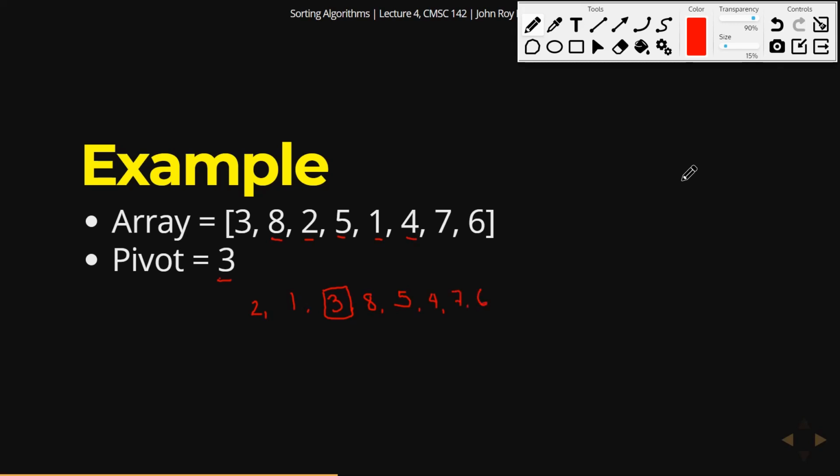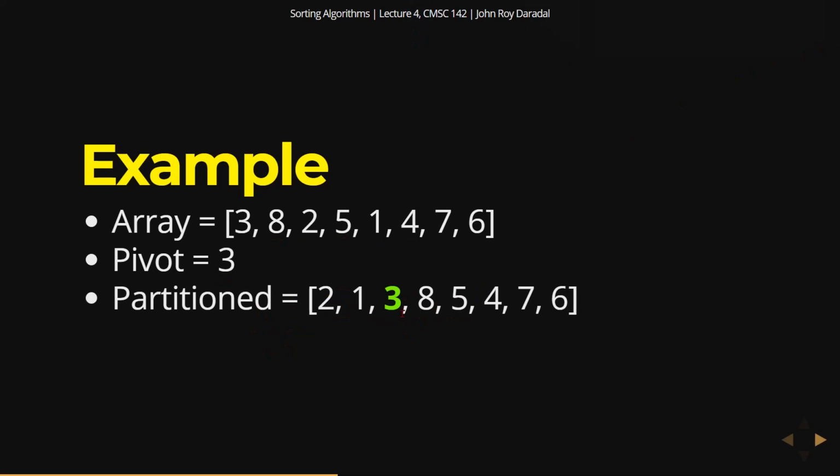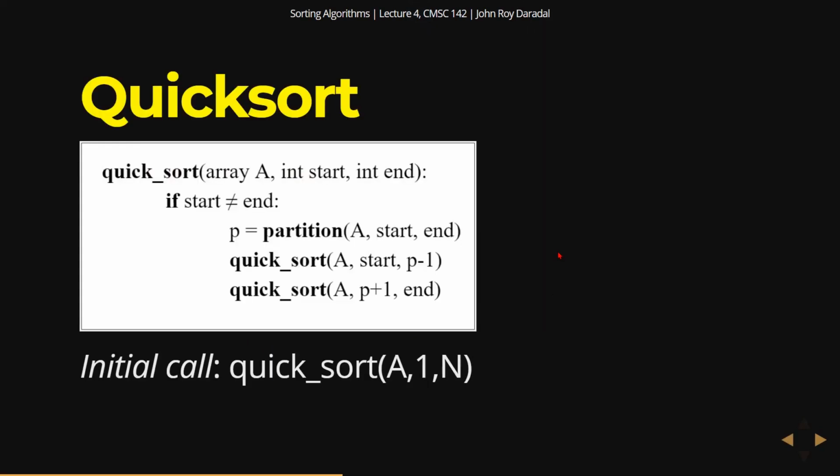Okay, so these ones are less than 3, and then these ones are greater than 3. Okay, so that is what we mean when we partition around the pivot. We rearrange the array according to the pivot item.